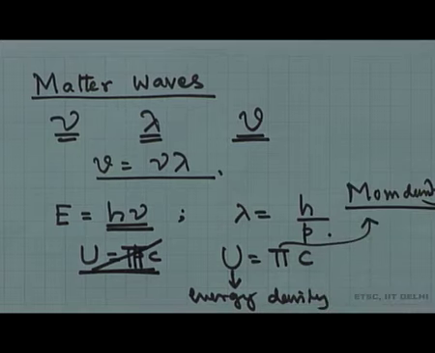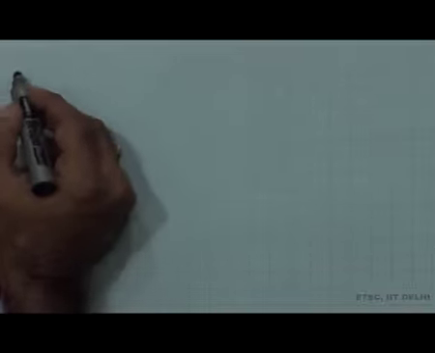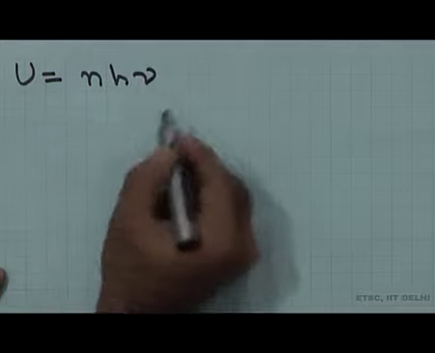Where do I get these expressions? I get these expressions from the classical electromagnetic wave picture of Maxwell. That is something that you have to do. But if I combine this with the Planck idea, what is it that is going to happen? So, my U, as I told you in my last lecture, is nothing but n into h into nu.